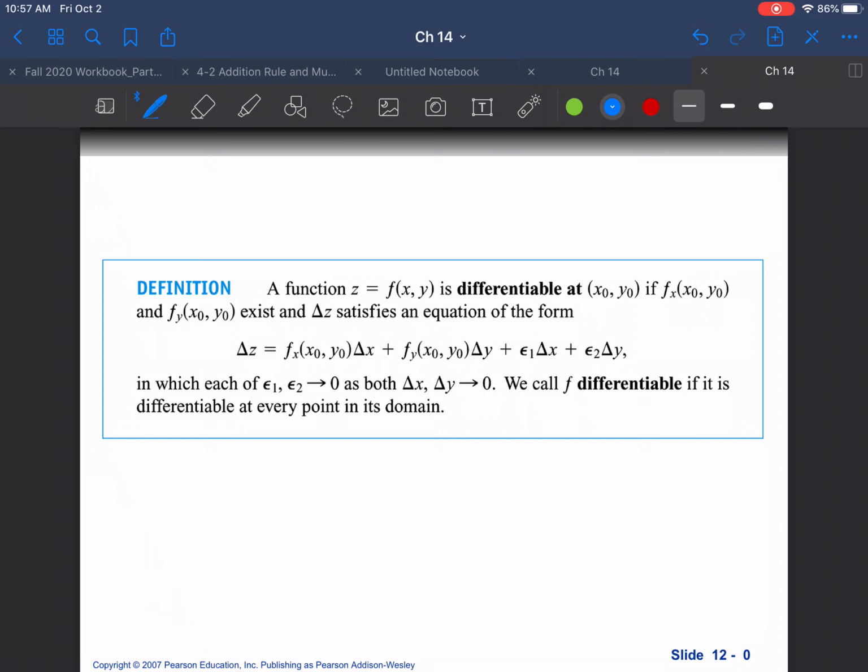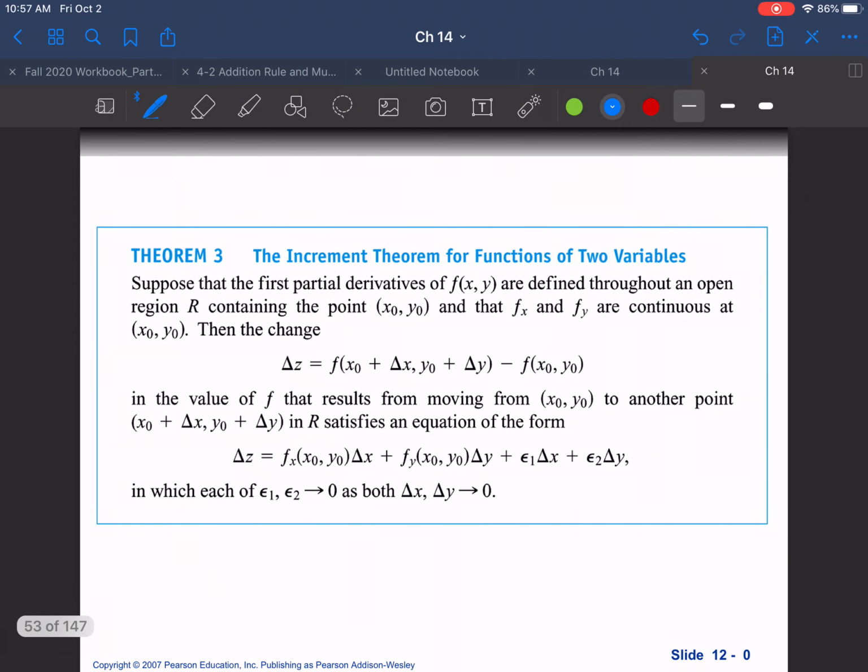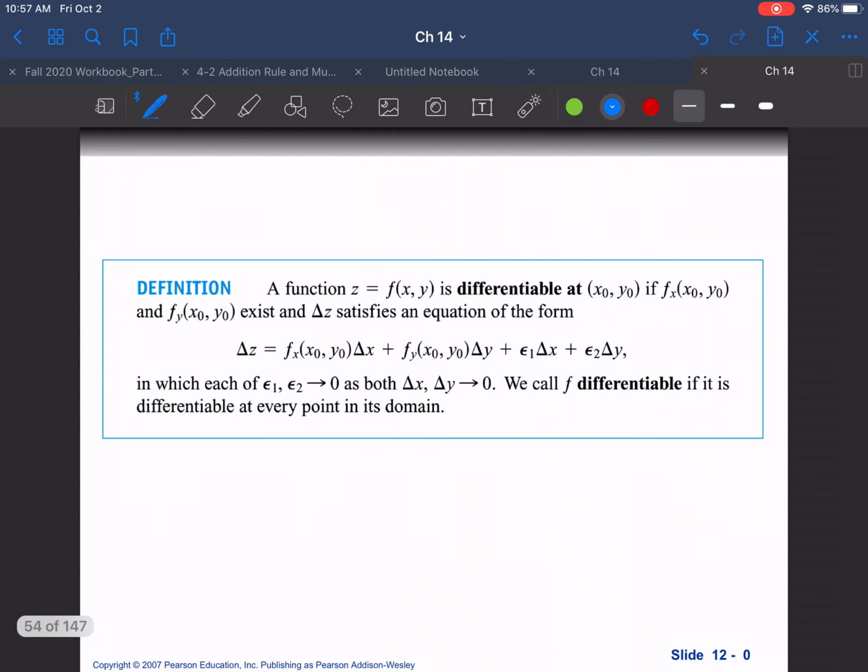So if it matches what we were saying we could do over here, then we've got something that is differentiable, in which each of epsilon 1 and epsilon 2 go to 0 as delta x and delta y go to 0. We call f differentiable if it is differentiable at every point in the domain. All right, so there's how we can see if we're differentiable. It's basically saying if we can take the derivative, we can.